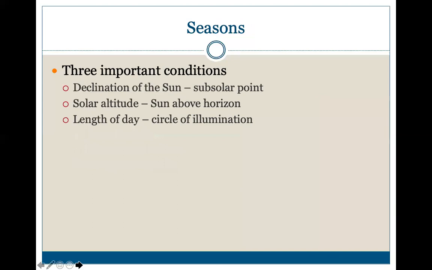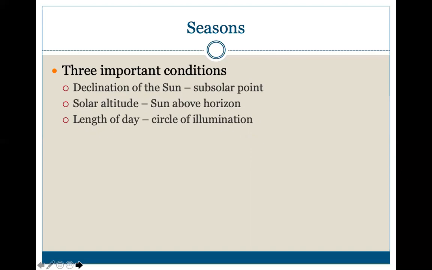Okay, now let's look at seasons. So there's three important conditions. What they call the declination of the sun, or what they're referring to is the subsolar point, which means where is the sun shining directly overhead on the earth, so at 90 degrees. What latitude is it hitting? Because our earth sits at a tilt to the sun, which we'll talk about as we advance through this topic.